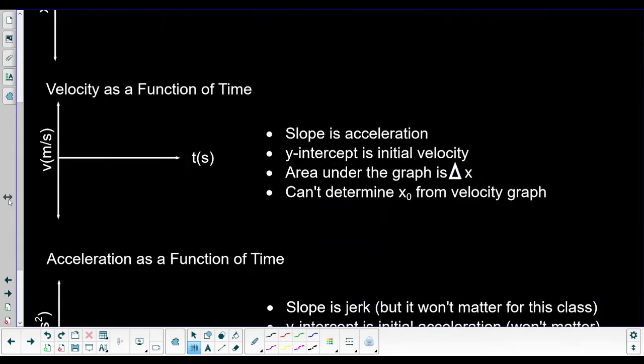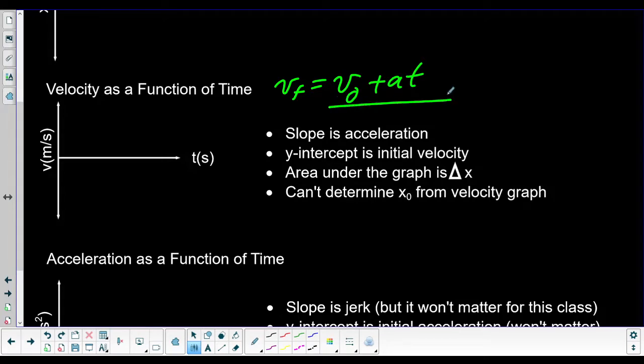All right, let's move on to our velocity as a function of time graph. In this class, we will not really see anything curved for velocity versus time. We will only see linear graphs, and the reason for that is because we're going to look at the velocity formula, v final equals v initial plus acceleration times time.